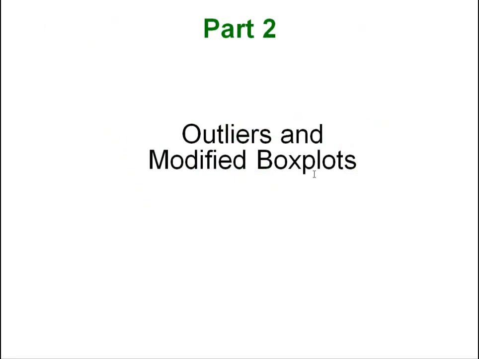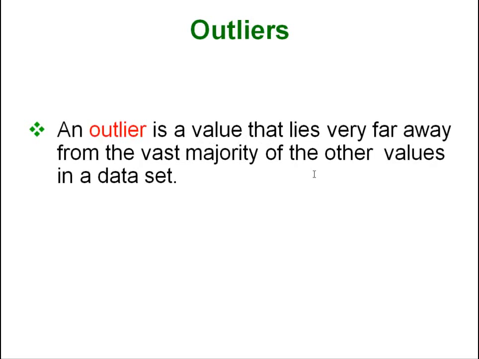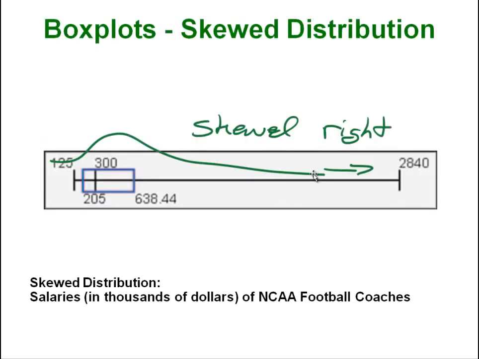Okay, outliers and how they create a modified box plot. An outlier is just a value that lies way out there. It's way far away from the majority of the data. So if we look at this, this is an outlier out here because look at how far away it is from the middle part of the data. I should say the big chunk, where a lot of the data is.